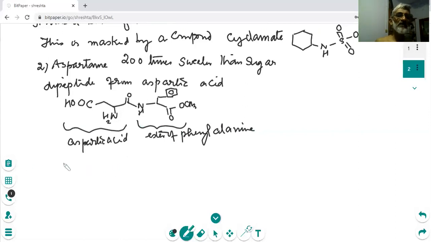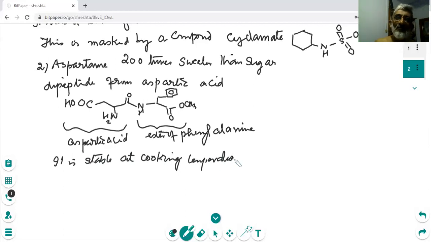Now the advantage of this, it is stable at cooking temperature.